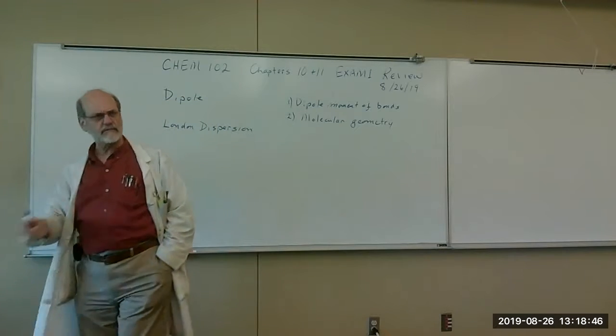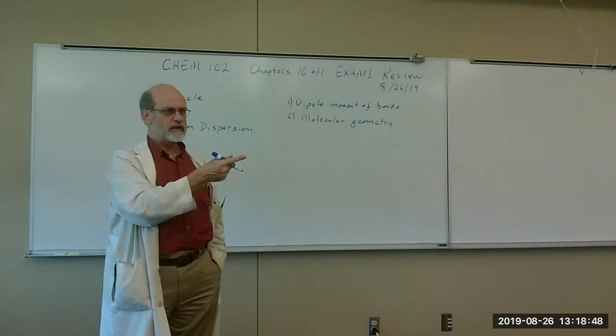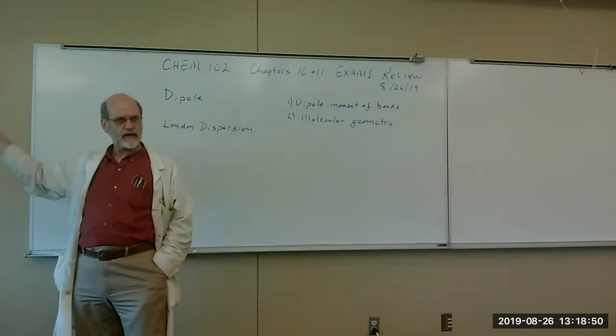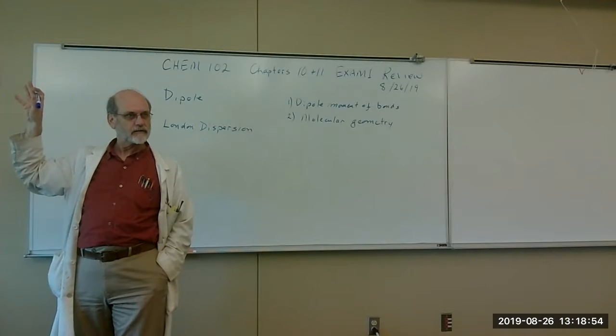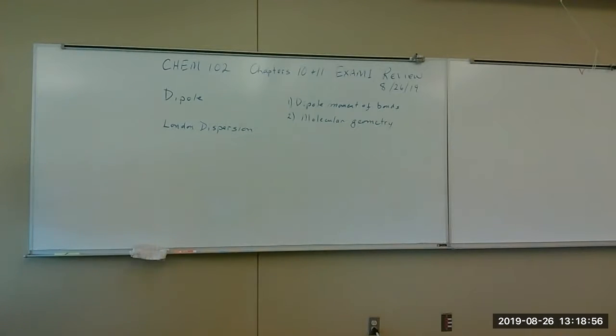So, let's see. Chem 1, we did trends, right? On the periodic table? We did, didn't we? Yes. Okay. So, electronegativity of an atom is least down here and greatest up here.